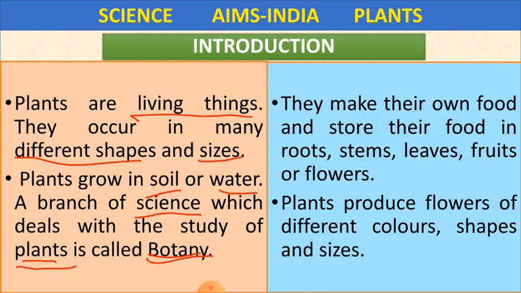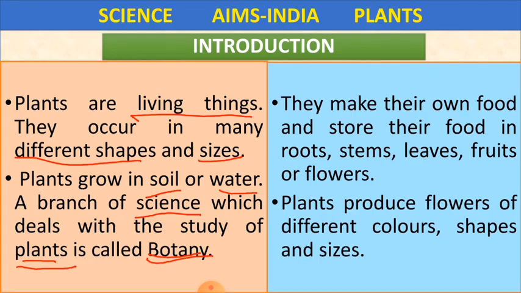Now they make their own food and store their food in roots, stems, leaves, fruits or flowers. How is a plant growing? And how do we grow, children? How do we grow? Because we take food. It is very necessary for us to have food to have our life.